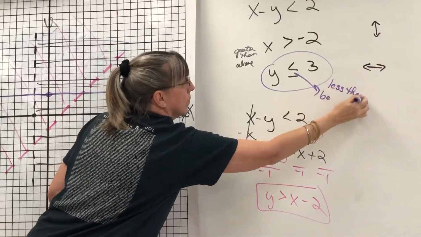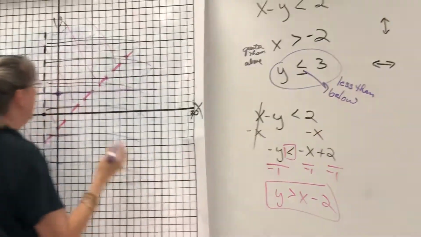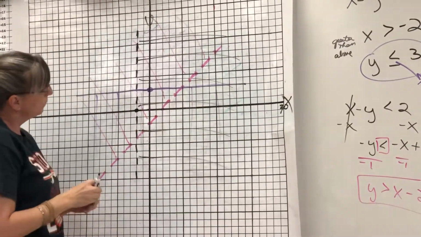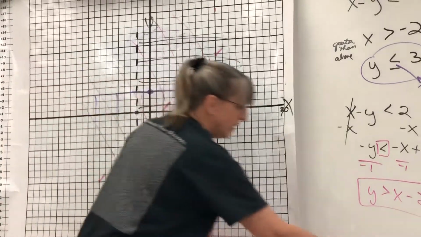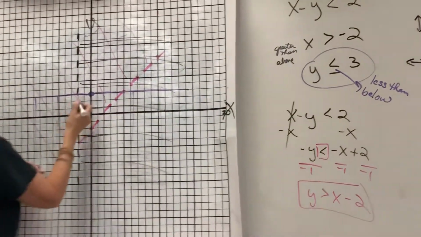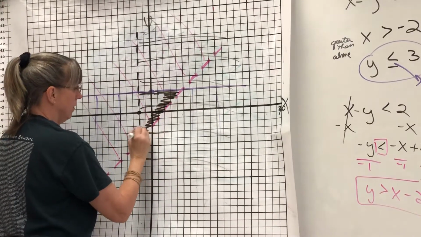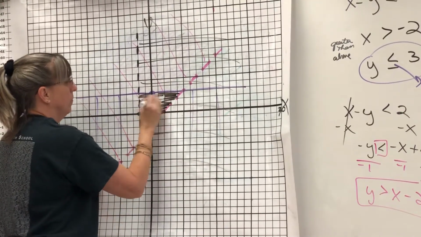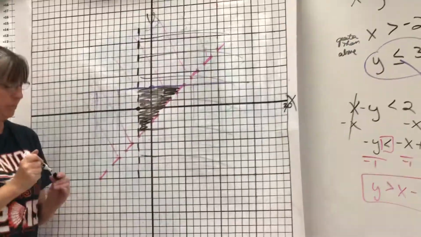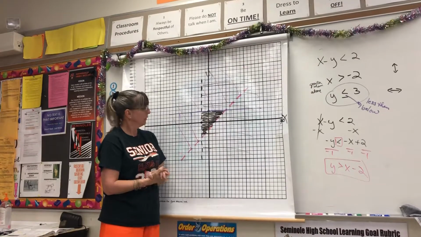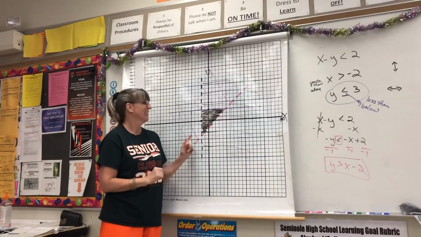Okay, and it's this way. Although that's going to be hard to see, basically what you have, they overlap in this section right here, which makes a triangle. These are fun. These are my favorite. Okay? You could see that on a test.